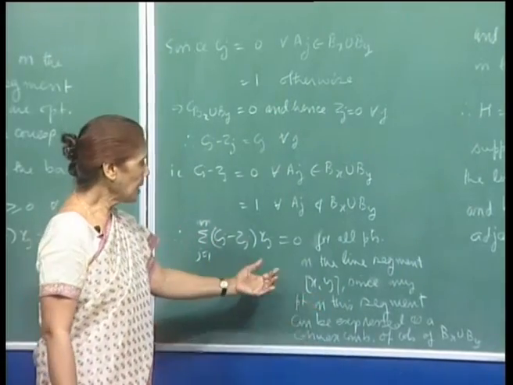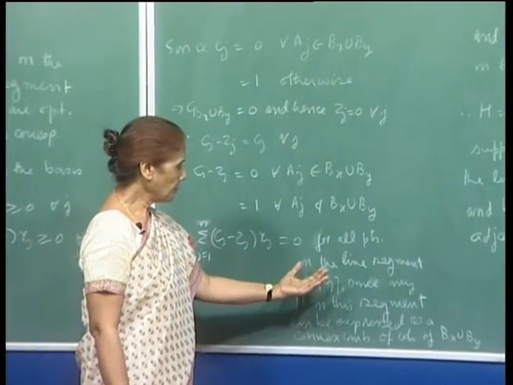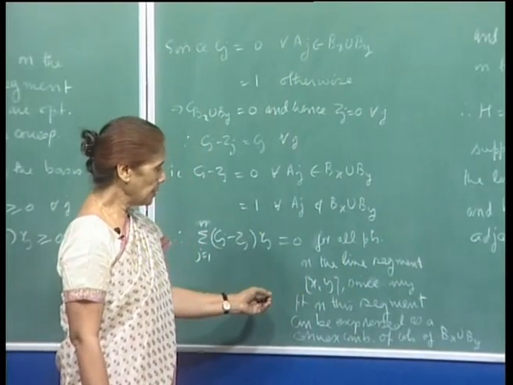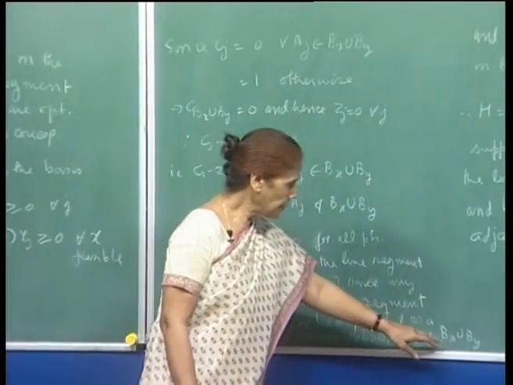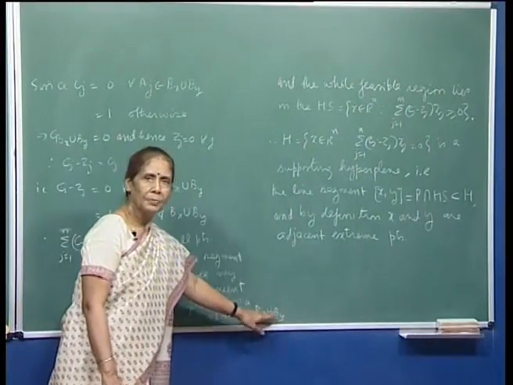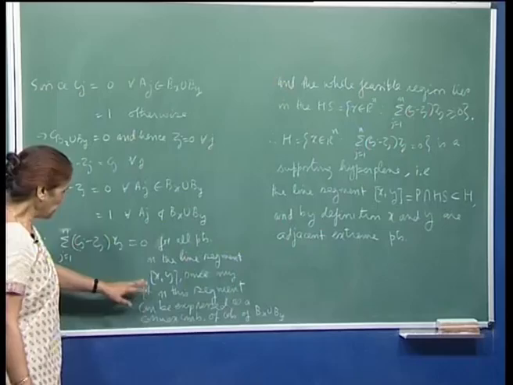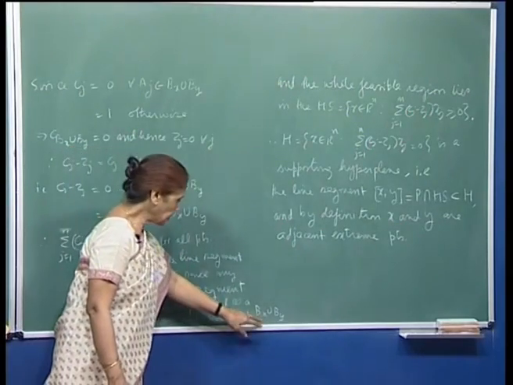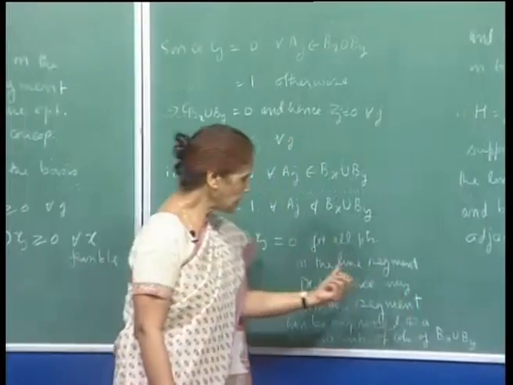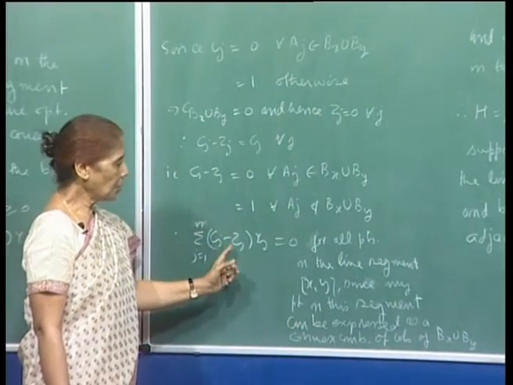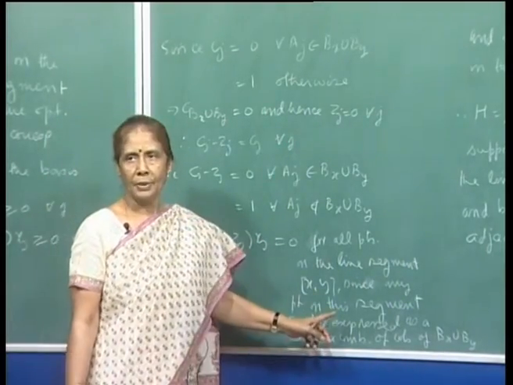I hope this is clear, because only the components corresponding to the columns in Bx union By will be non-negative or positive, other components will be 0, but for the columns in Bx union By, the corresponding Cj minus Zj is 0, hence this sum is 0 for all points on the line segment x comma y.